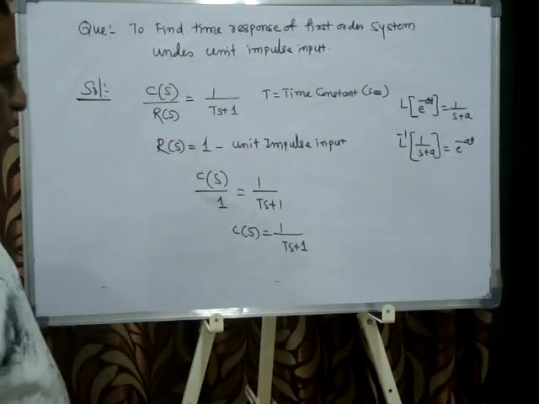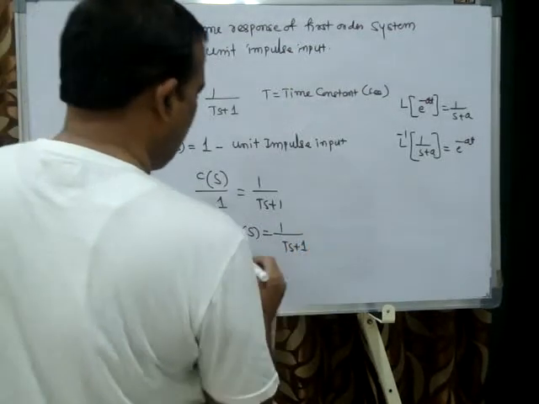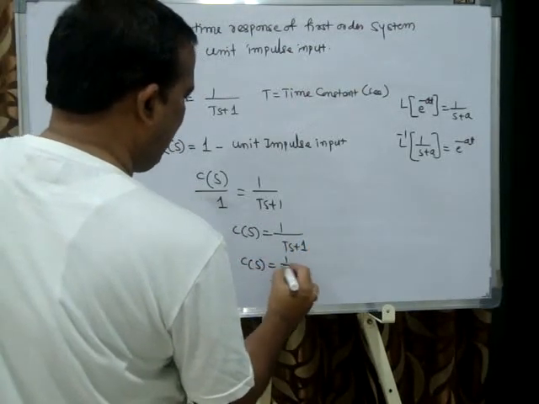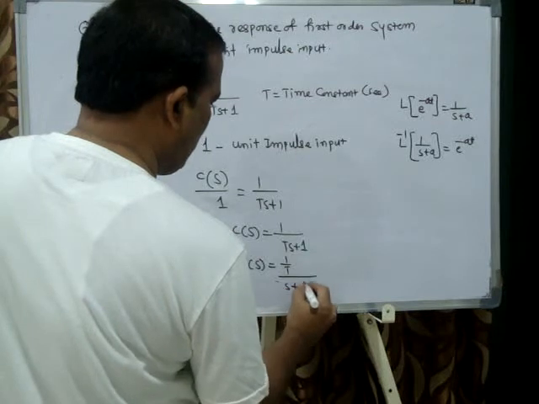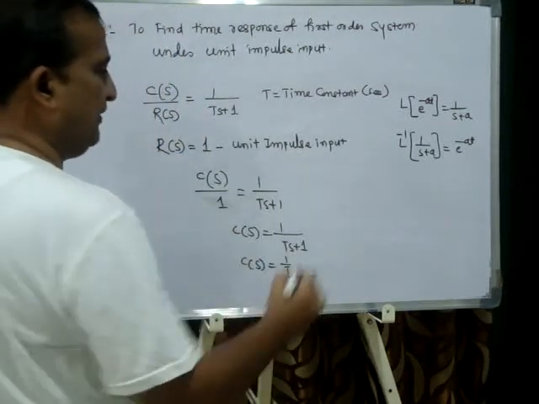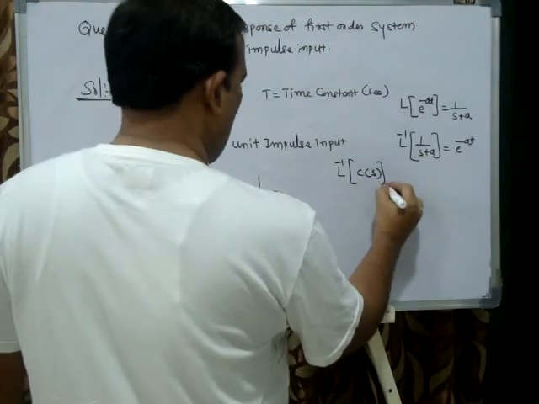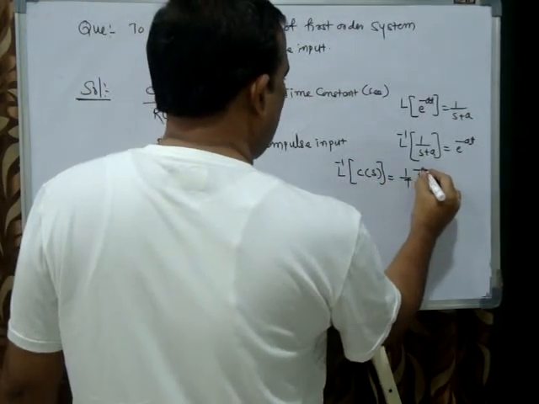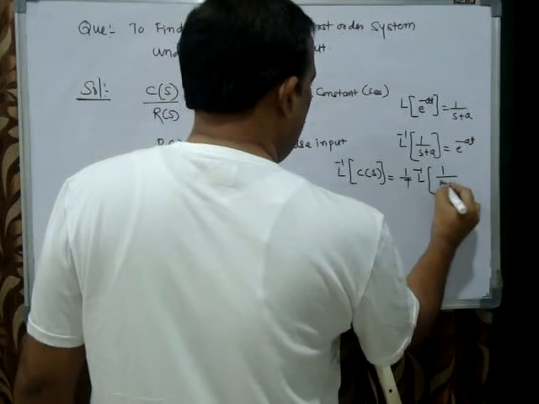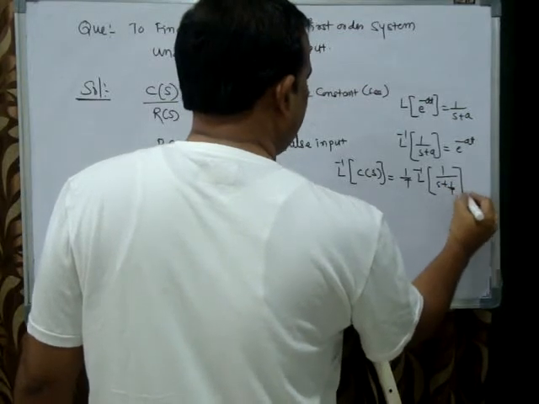Now what I will do? C of s equal to 1 by t divided by s plus 1 by t. Now I will take a Laplace inverse of C of s equal to 1 by t, Laplace inverse of 1 by s plus 1 by t. What is this?